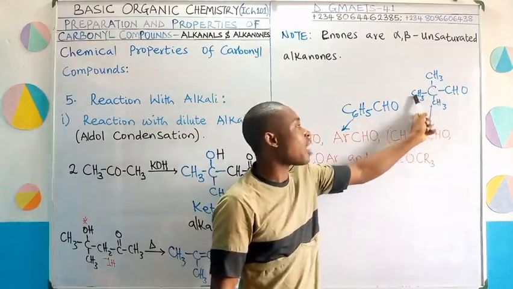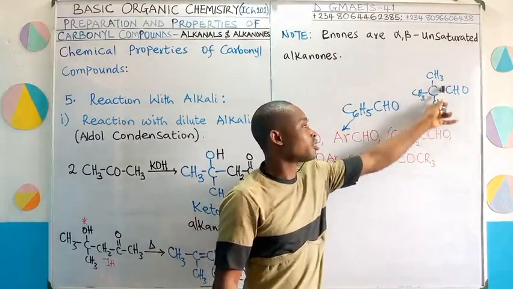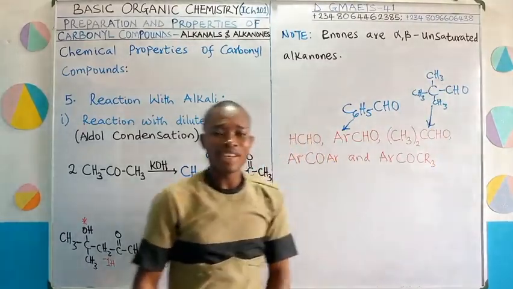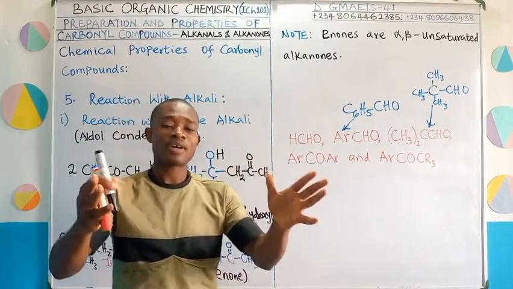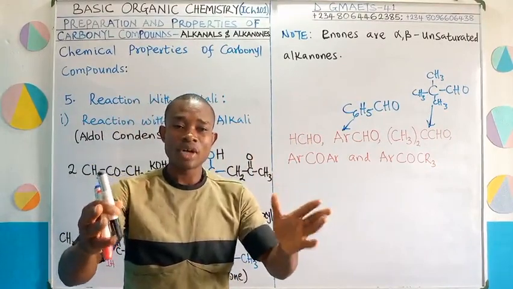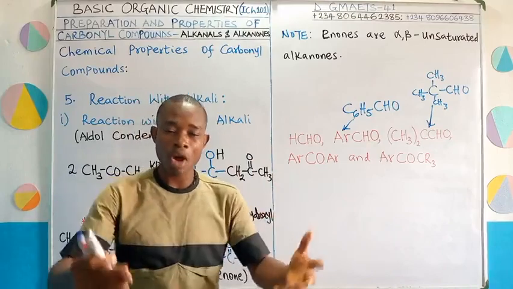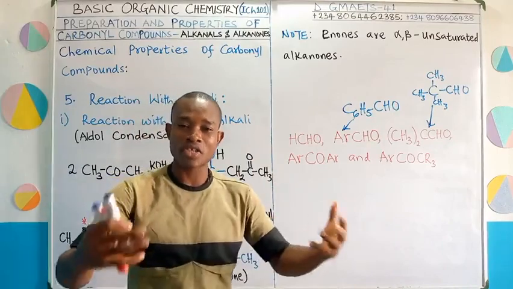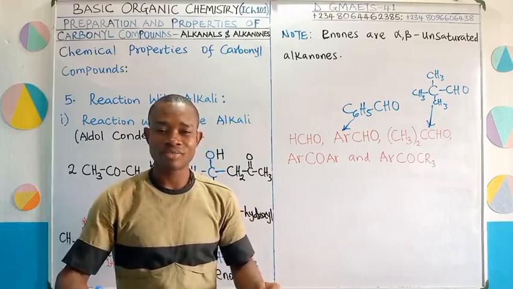No. What you have there are alkyl groups, 3 of them. 3 alkyl groups, no alpha hydrogen. Therefore, it cannot undergo Aldol condensation. Remember, for a carbonyl compound to undergo Aldol condensation, there must be what? An alpha hydrogen.